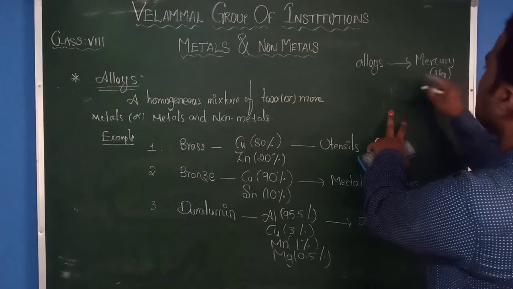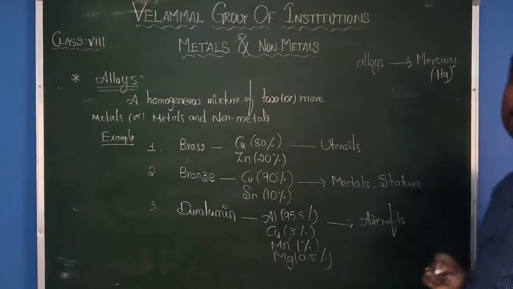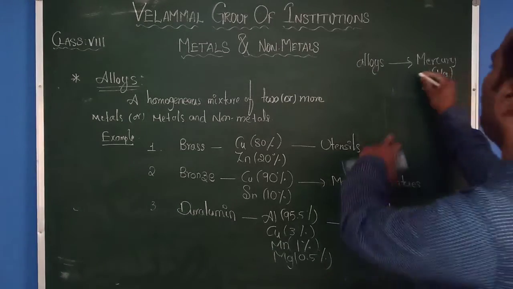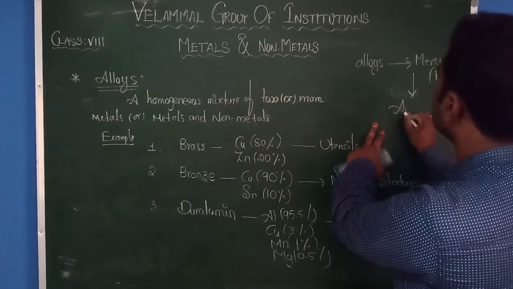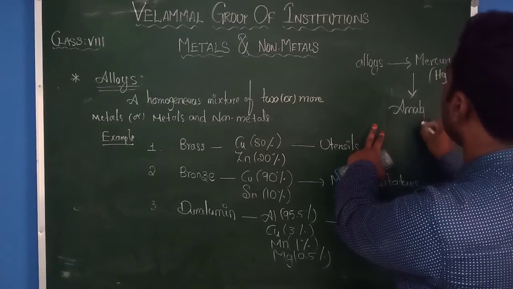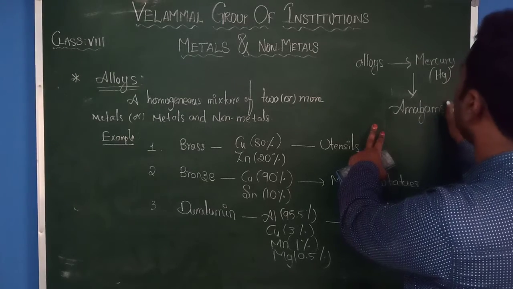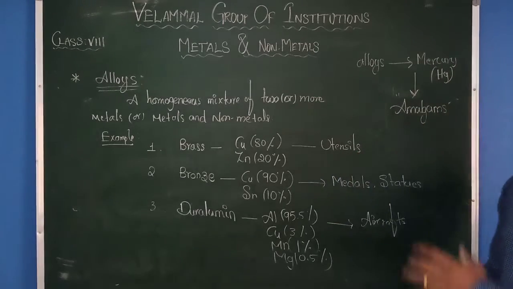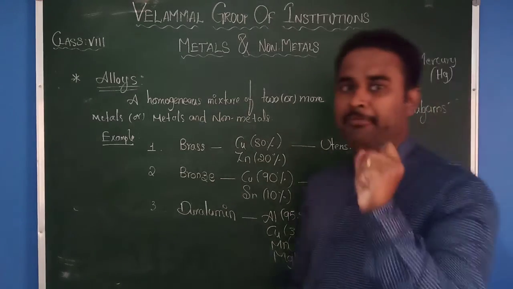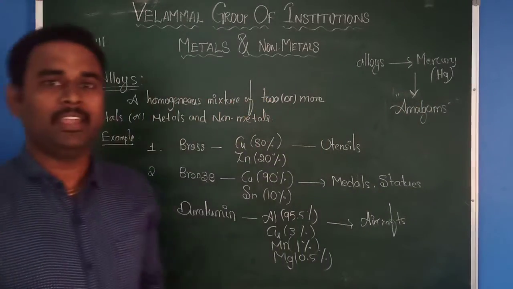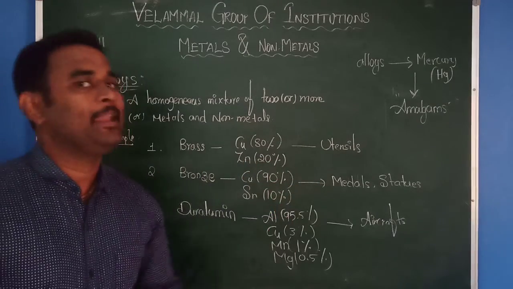That means if any alloy contains mercury, that alloy we call an amalgam. So we can identify very easily: if any alloy is called an amalgam, it contains mercury.